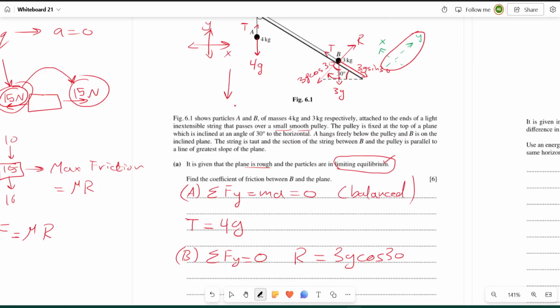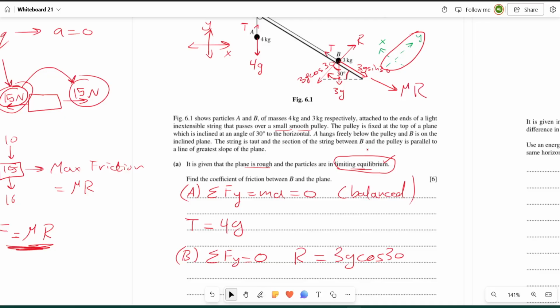Okay, if we're in limiting equilibrium, we're not falling, however, we're tending to fall downwards. So B is about to move up and A is about to move down. If B is about to move up, then the friction should act in this direction. And since it's limiting equilibrium, what is the value of friction? Just like what we established here, it is going to be equal to mu multiplied by R.